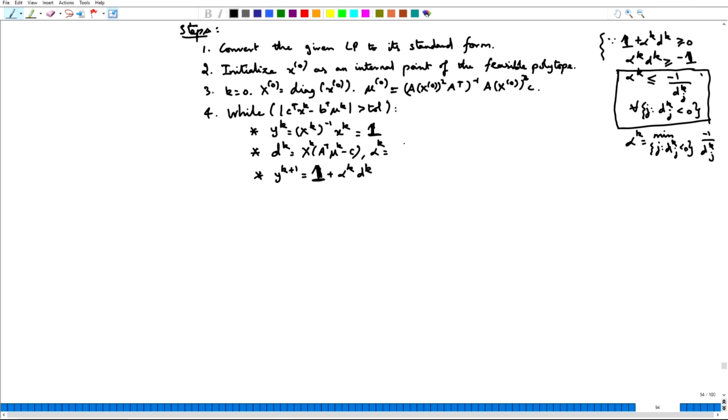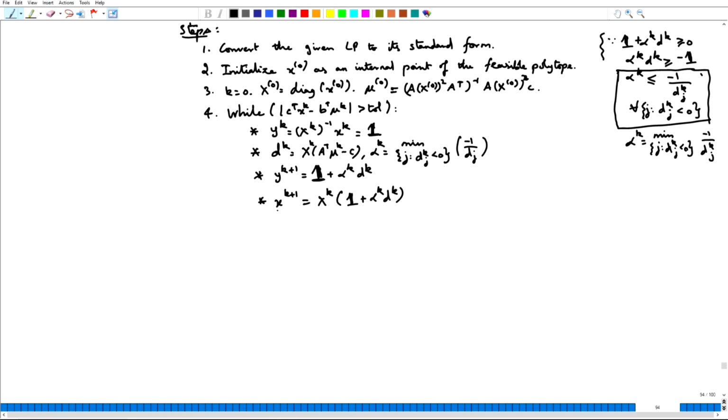Alpha k is, so you consider the set of all indices for which dk j is less than 0, and among that set you are going to minimize the quantity minus 1 by dk j. Okay, so we have chosen dk, we have chosen alpha k, and yk plus 1 is just 1 plus alpha k dk, and xk plus 1 is the decentering process, which is capital Xk into 1 plus alpha k dk, or yk plus 1, but both are the same.